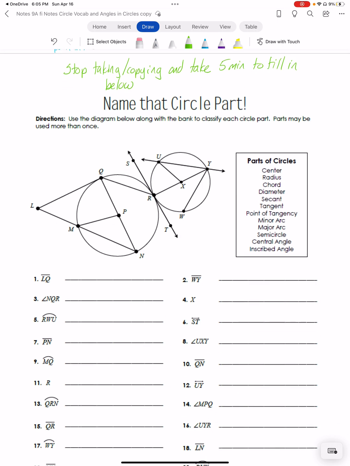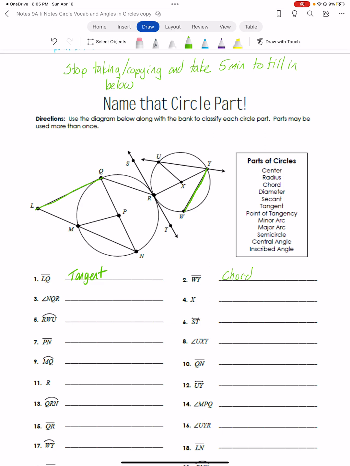So first thing is LQ. LQ just intersects a circle in 1 point, so this is going to be a tangent. You can write just tangent, you don't have to write tangent line. Segment WY, endpoints are on the circle, so this is a chord.